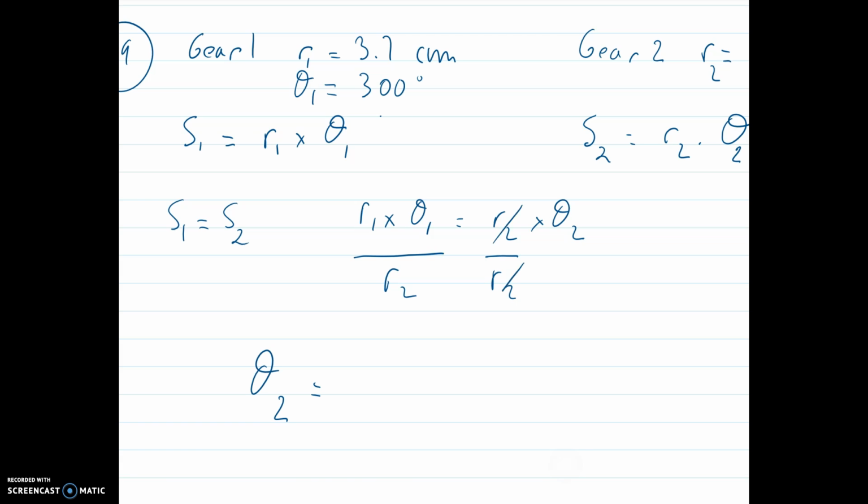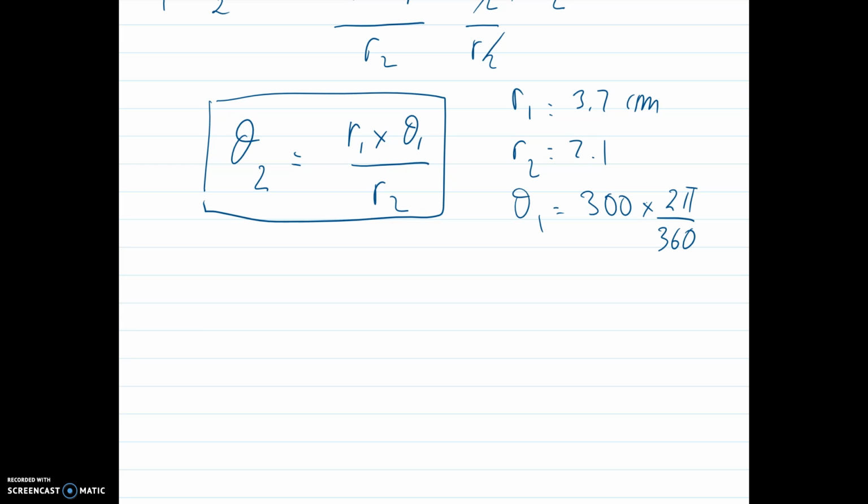I end up with theta 2 equal R1 multiplied by theta 1 over R2. I let you substitute the values of R1, R2 and theta 1 inside your formula. And if you decide to convert your angle back to degrees, you are going to find a value of theta 2 equal 156 degrees.